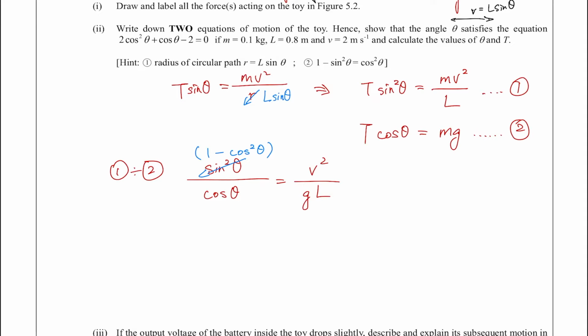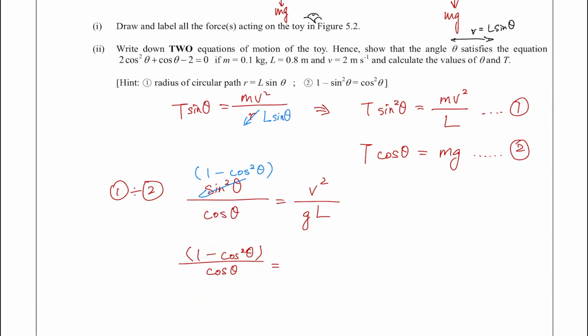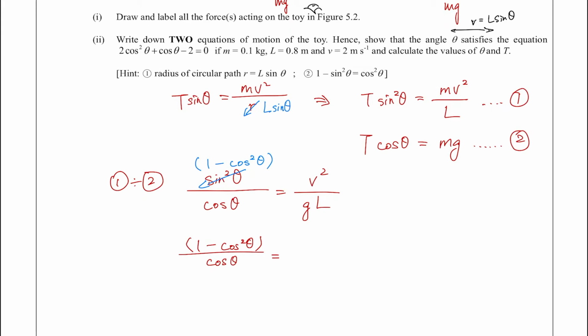So now I am going to put in the numbers. What we have here is 1 minus cosine squared theta over cosine theta is equal to v squared over gL. Look at the question. Some information is already given. v is equal to 2, L is equal to 0.8, and m equals 0.1.